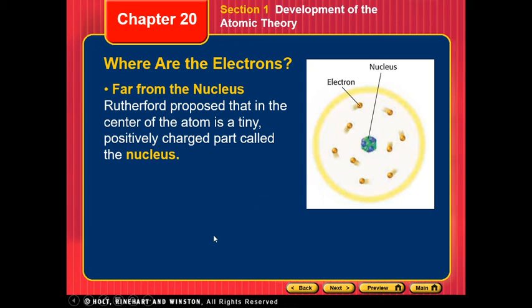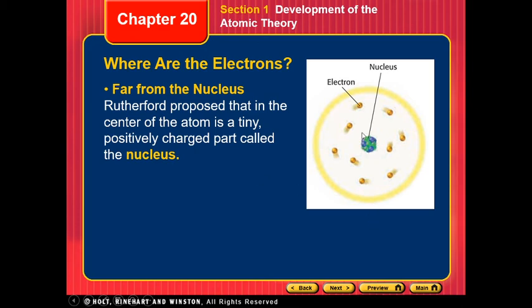So when the ray goes through here, some will go straight like that. But since it is positively charged, when it hits the nucleus, it will repel because the nucleus is positive. So either when it passes here, it will deflect like that, or will bounce like that, or will go like this.